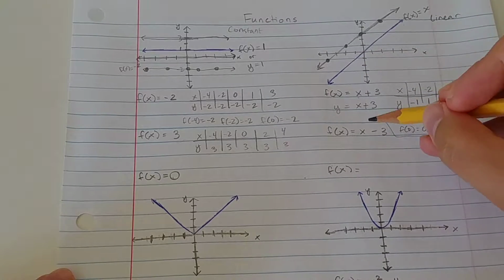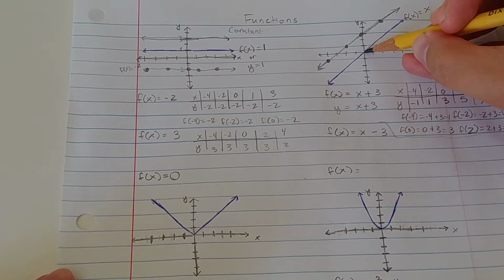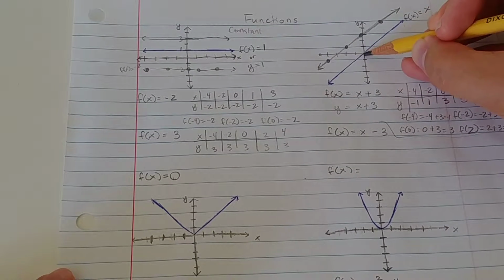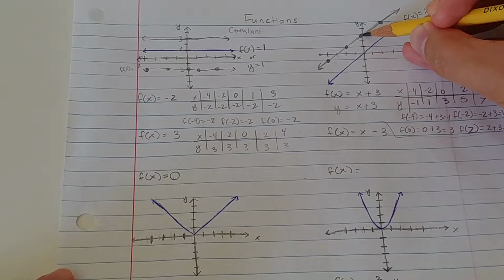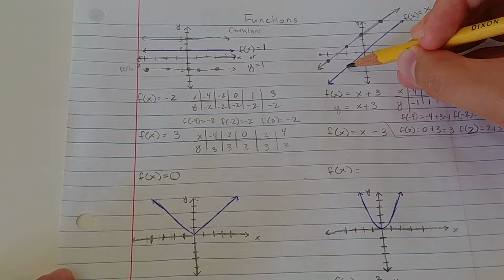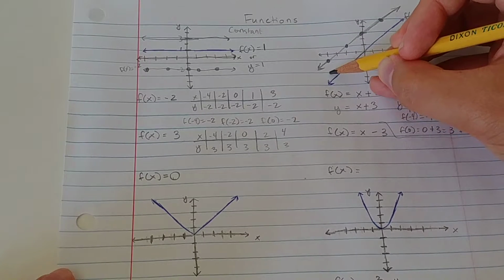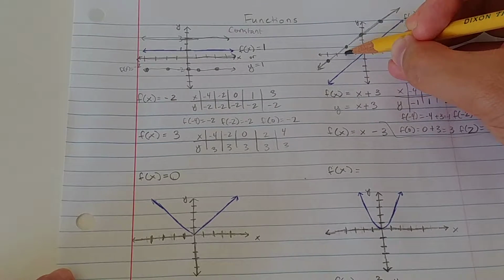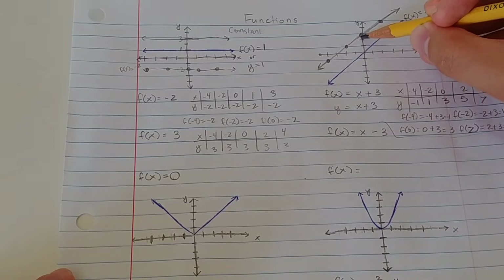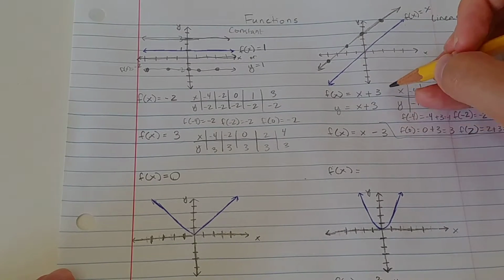Okay, let's look at what x minus 3 looks like. If you notice, x plus 3 goes up 3 spaces. So here we have 0, and 1, 2, 3. Each point is moved up 3 spaces.